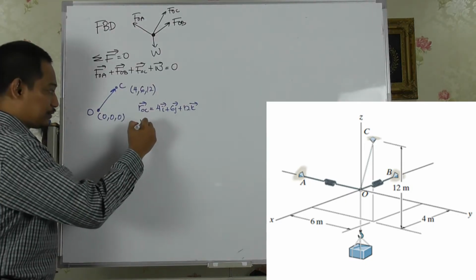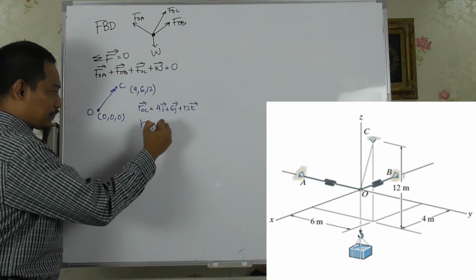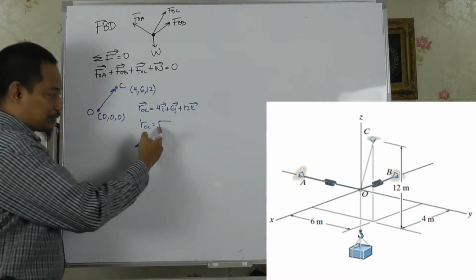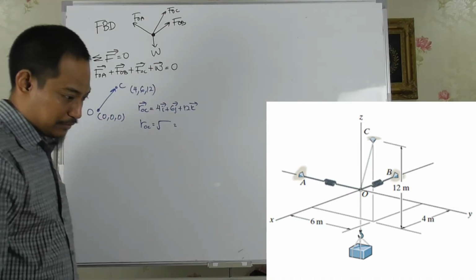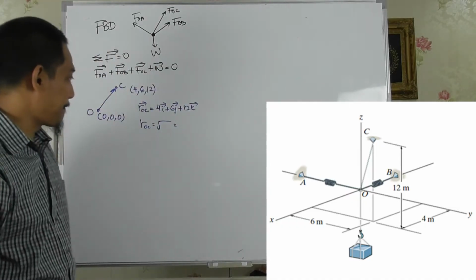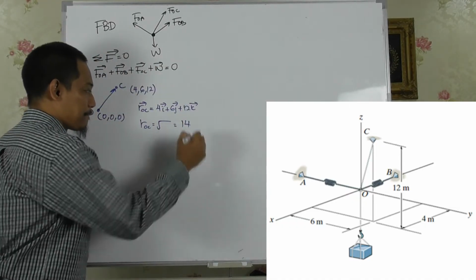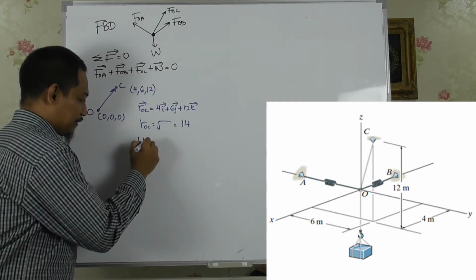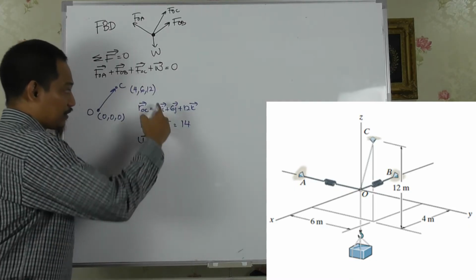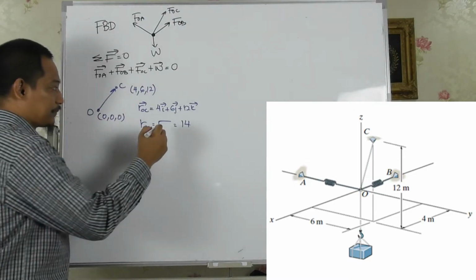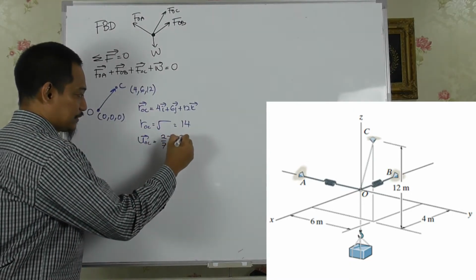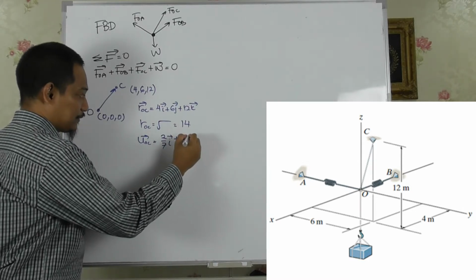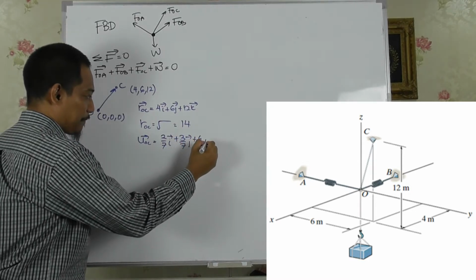Alright, so if you calculate the magnitude, I'm too lazy to write everything, but you should properly do it, right? And then if you do this, you will get 14. And then the unit vector of OC, this divided by this, so you'll get 2 over 7 i plus 3 over 7 j plus 6 over 7 k.